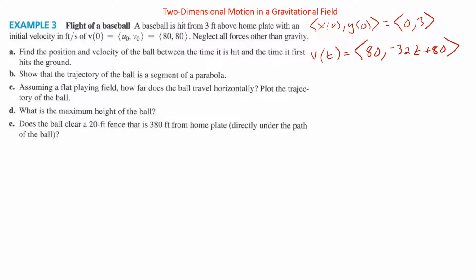So here we could start from the same exact place we did and do the antiderivatives. We have 80, 80 to plug in now instead of just u of 0 and v of 0, so we just get actual numbers. Or if you remember the equation because we just found it, I'd plug them in. And so then the r of t is going to be 80t plus 0, comma.